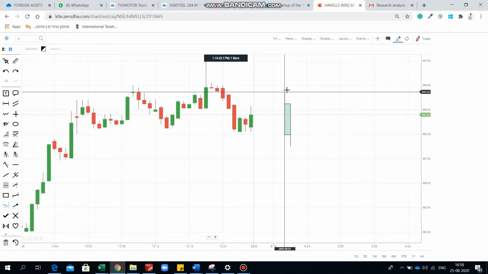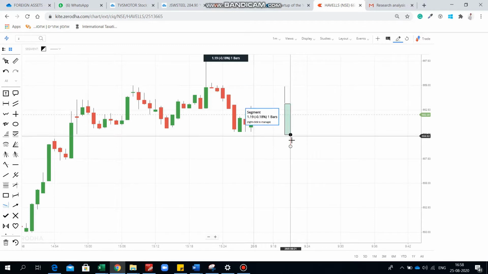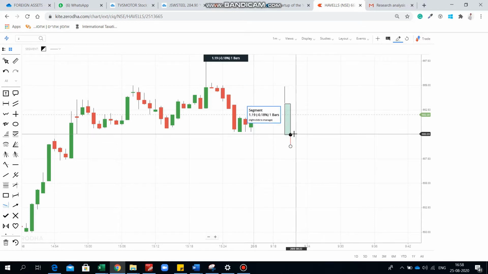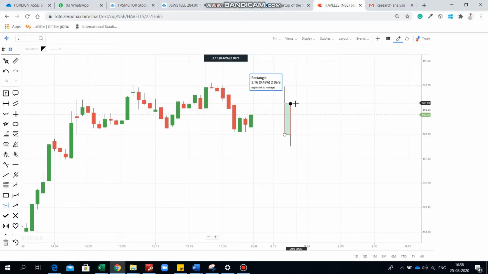When the price moved from here, it went till here. These prices have been covered as the wick, and where it started, it opened up at 660, went till here and closed here, at somewhere 663. So this is the area which it had actually moved.